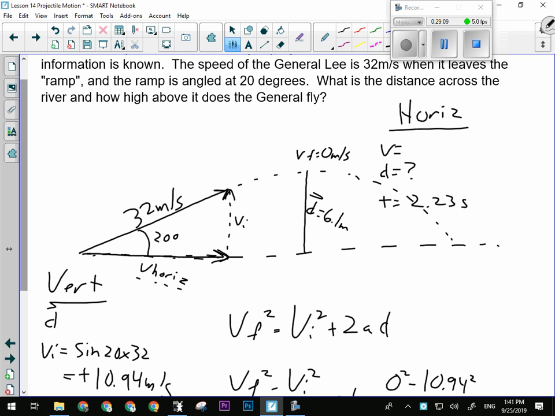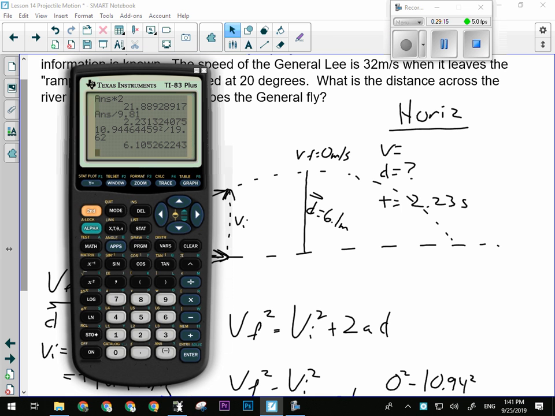So what trig function do I use for that? Cos. So I'm going to go cos of 20 times 32, and that'll tell me how fast it's going horizontally. Okay, so it's moving at 30.07 meters per second horizontally, and it's going to do that for 2.23 seconds.